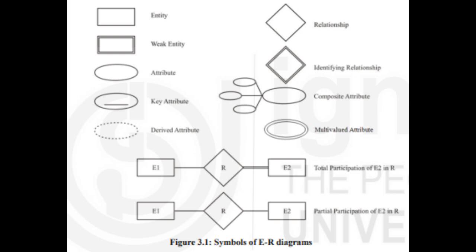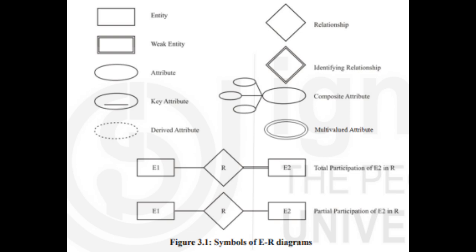Relationship sets. A relationship set is a set of relationships of the same type. For example, consider the relationship between two entity sets student and course. The collection of all the instances of relationship opts forms a relationship set.